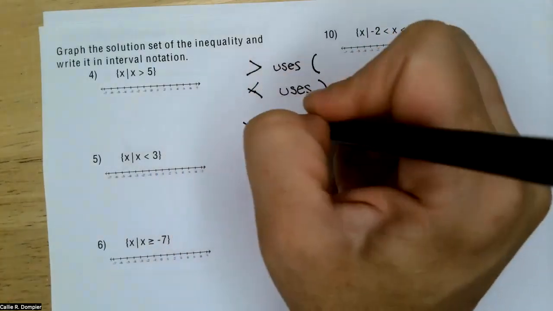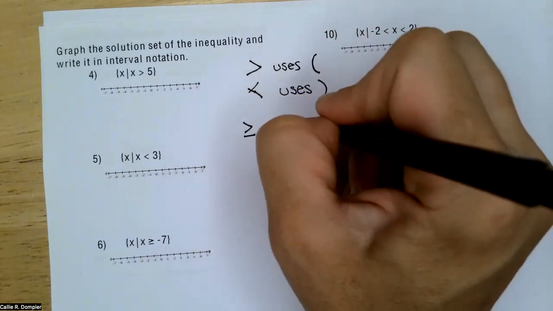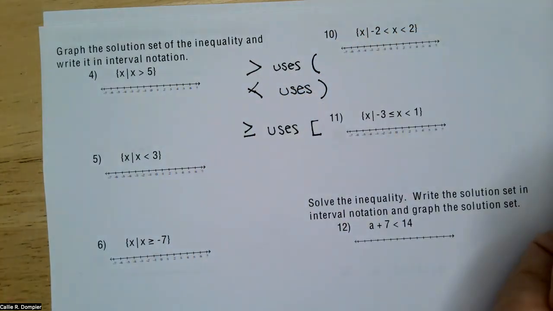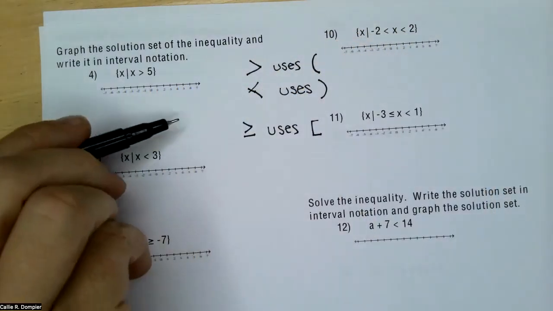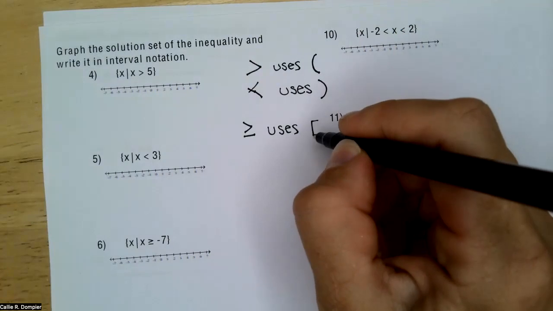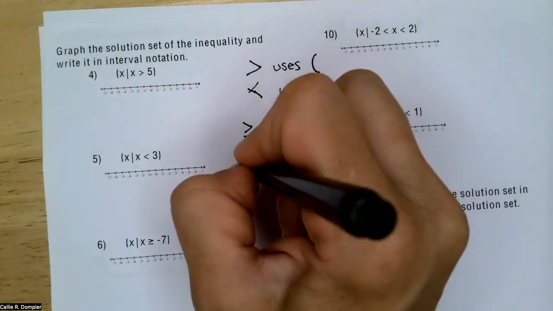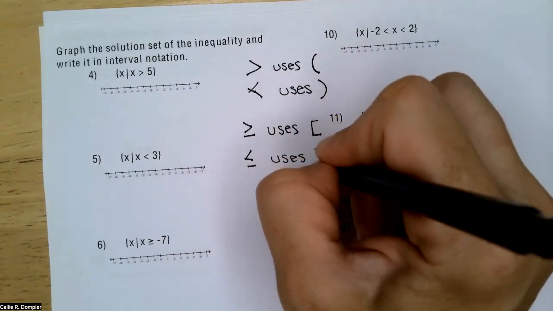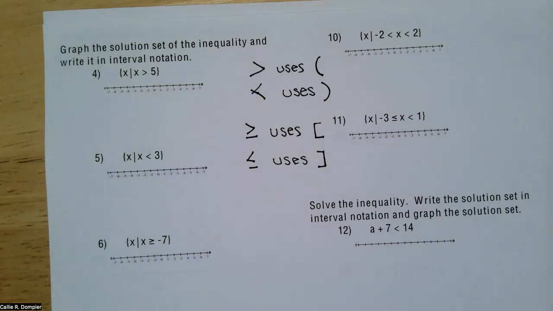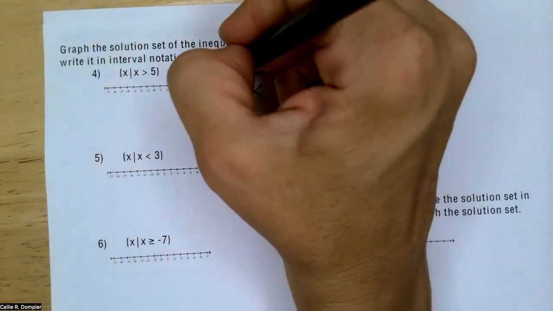Greater than or equal to includes, so it uses a bracket to include, and the line's going that way, so the bracket is going to open to the right. And then our last one, less than or equal to, uses that bracket.